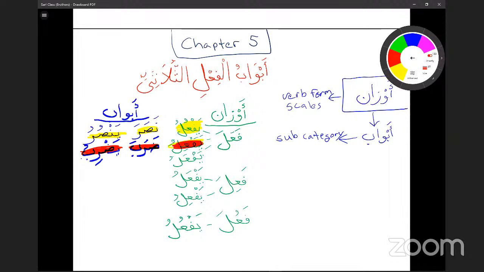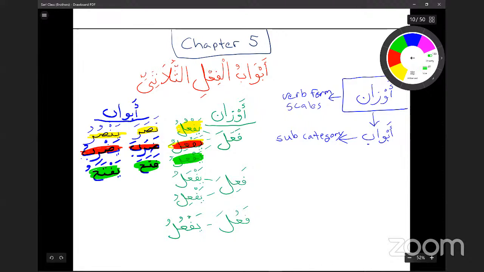That matches. And then we have فعل يفعل, which goes under the bab we call فتح يفتح.